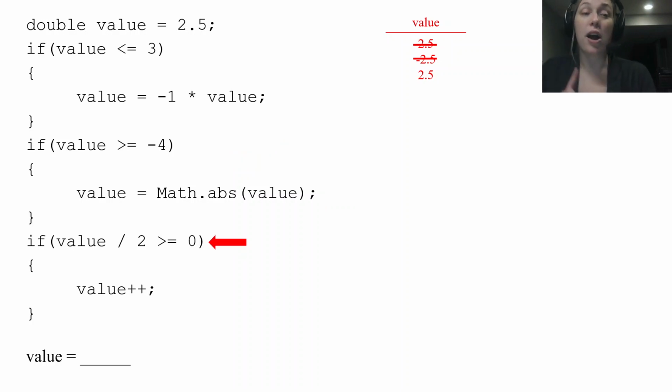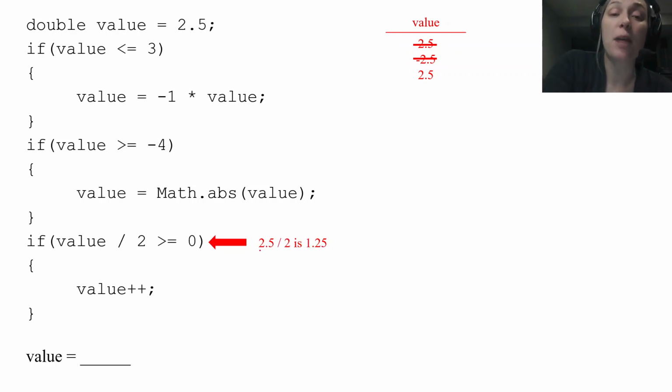Okay. Our last if statement. If value divided by 2 greater than or equal to 0. Now we have a double divided by an int here. And remember, when you have a double and an int, the int gets promoted temporarily and it becomes a double division. Because you have double division, the result of that is 1.25.